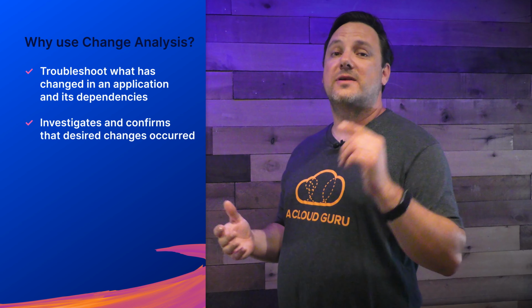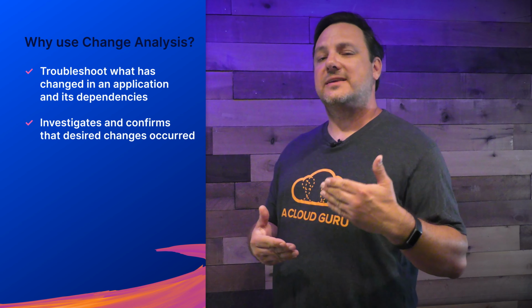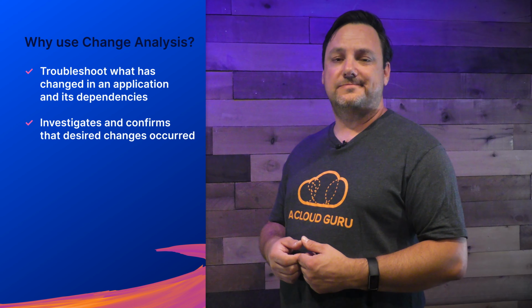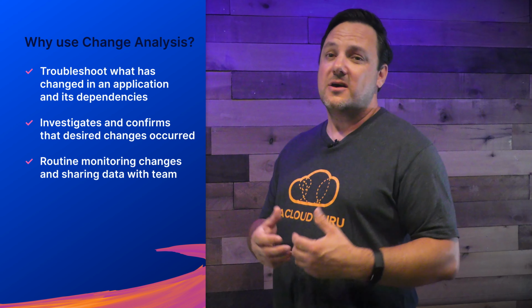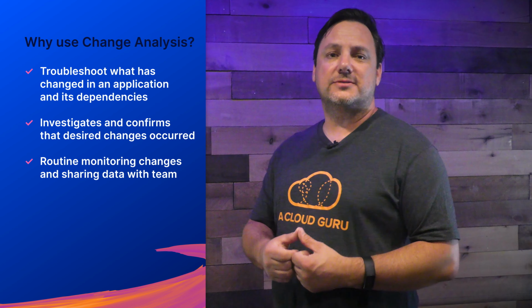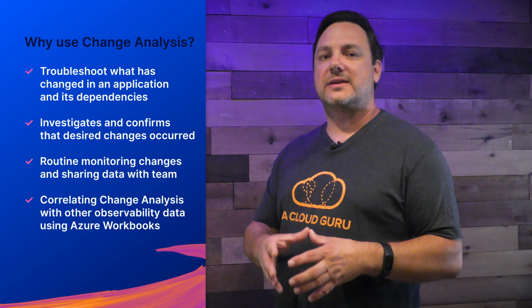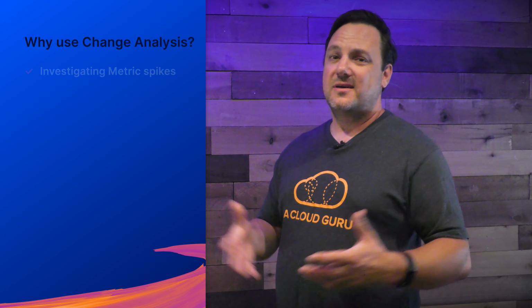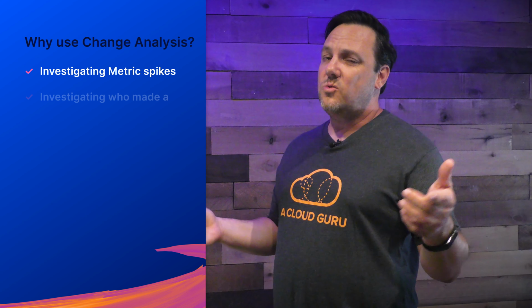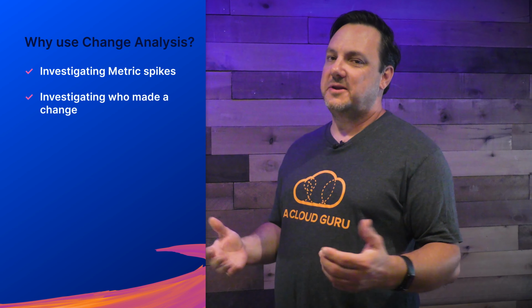You can use it for investigating and confirming that desired changes actually occurred, routine monitoring changes, and quickly sharing that data with your team, correlating change analysis with other observability data using Azure Workbooks, investigating metric spikes, or investigating who made a change. The best news is that change analysis is offered at no additional cost.